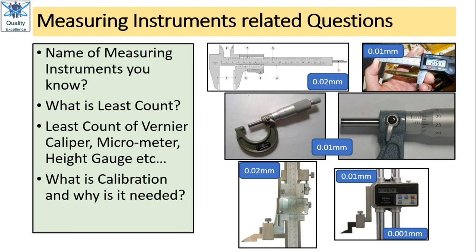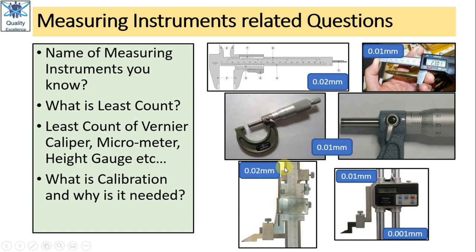And they may ask you the least count of some of the instruments like vernier caliper. For conventional vernier caliper, least count is 0.02 mm. For digital vernier, 0.01 mm. For conventional micrometer, 0.01 mm. There are digital micrometers also. They have least count of 0.01 mm and 0.001 mm also.